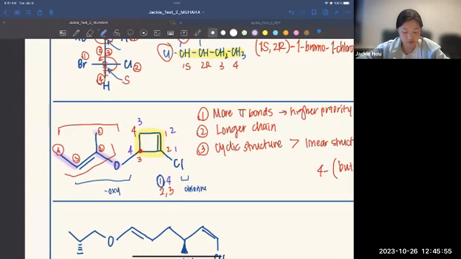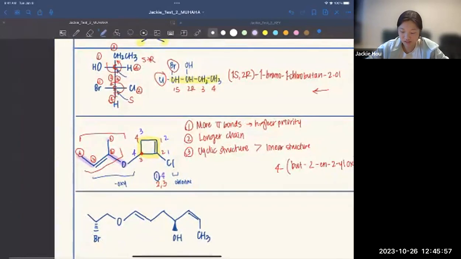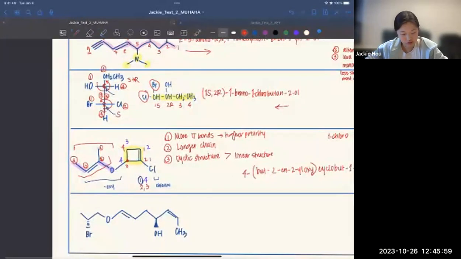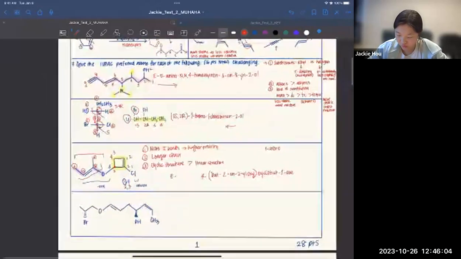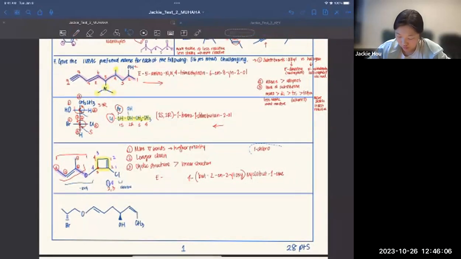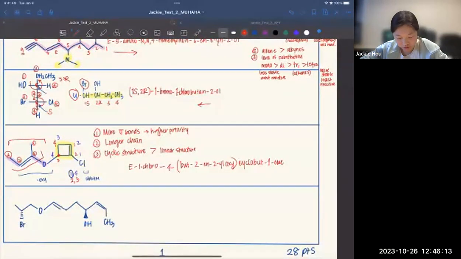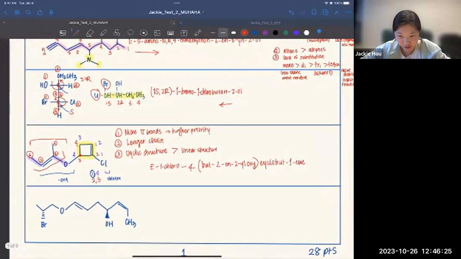So it's going to look something like a trans. And of course, we don't want to forget our 1-chloro. So that's a 4-(but-2-en-2-yloxy)-1-chlorocyclobutene. Yes, it does contain stereochemistry, but it's going to be E/Z stereochemistry.